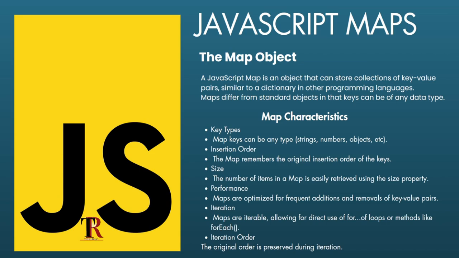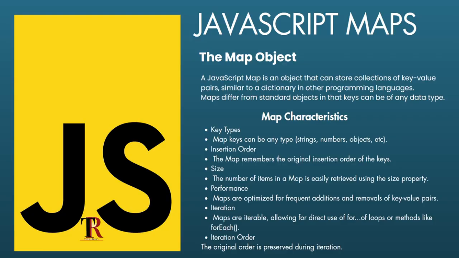Now, the map objects. A JavaScript map is an object that can store collections of key-value pairs. When you first hear the words key-value pairs, what first comes to your mind? The first thing that comes to your mind is probably objects, which is right, because when we talked about objects, that was when we talked about the concept of key-value pairs, how you store values in an object.